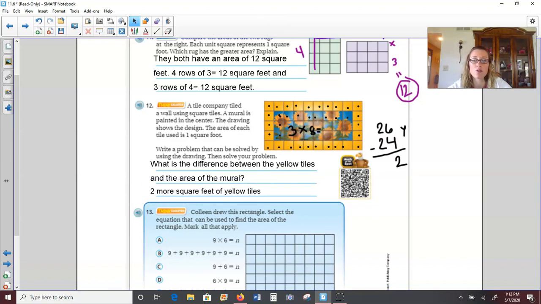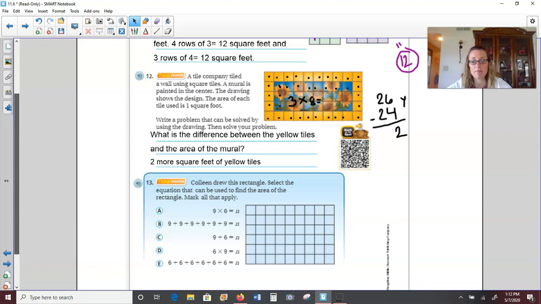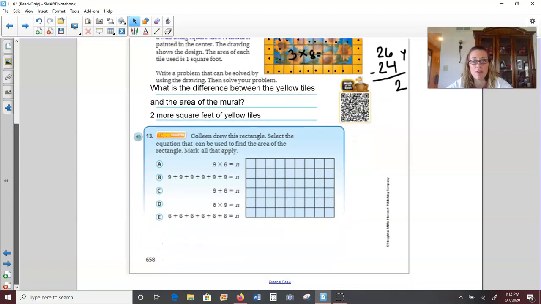So there's 2 more square feet of yellow tiles. We can't just say 2 more tiles. I mean, although that kind of is true, we're talking about the area. So it's 2 more square feet of tiles. All right, excellent.